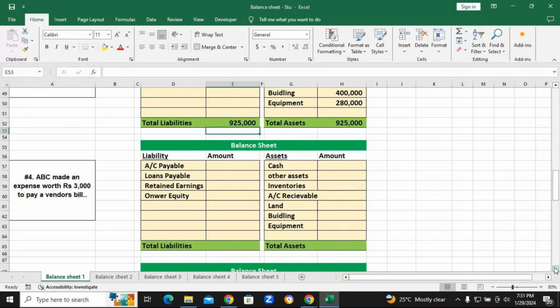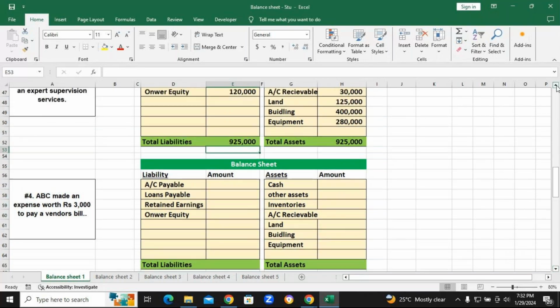Here they are telling ABC company made an expense worth rupees 3,000 to pay a vendor bill. That means of the account payable that was already existing, I have paid 3,000 rupees.